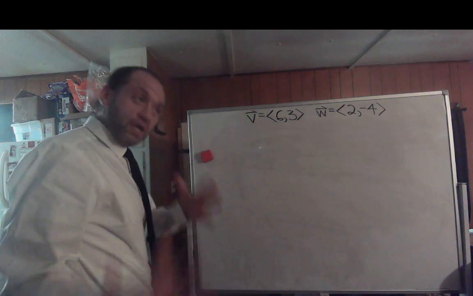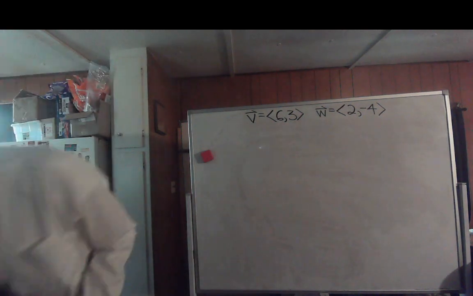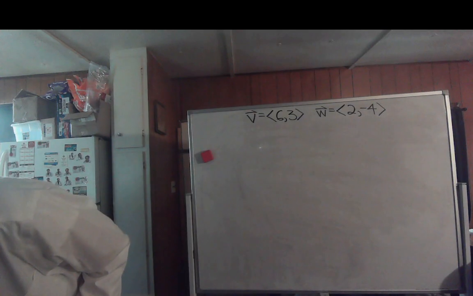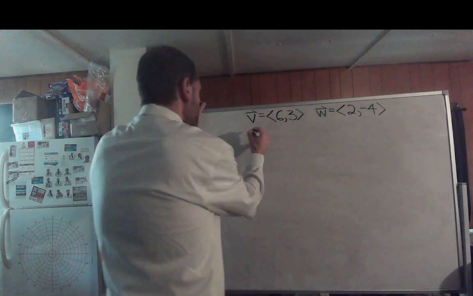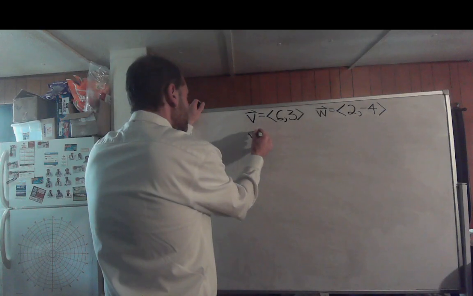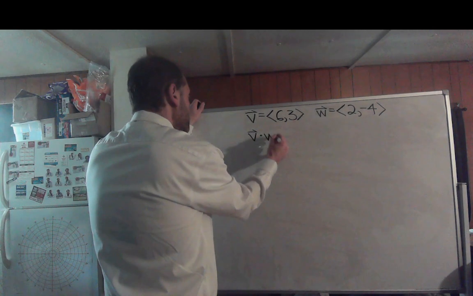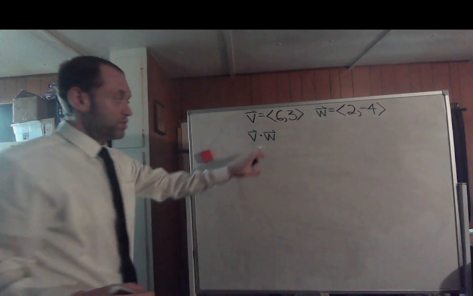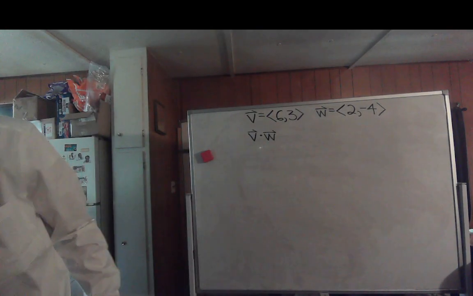So we want to find the dot product of the two vectors. So let's go ahead and do that. And of course, it's denoted with a dot in between for the dot product.